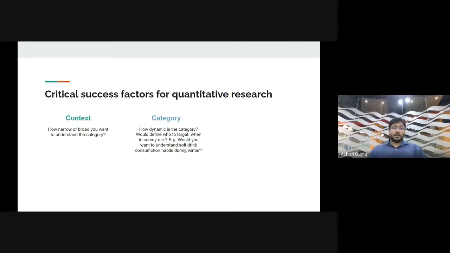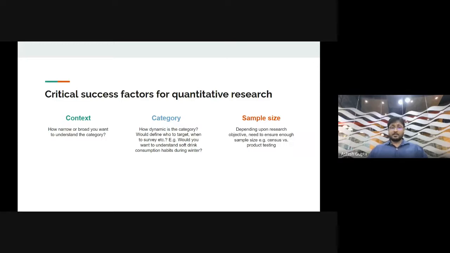And this would definitely define who you want to target or when you want to survey. Now, take for example, you want to understand something with respect to soft drinks as a category. Would you actually want to do a survey during the winter time? Obviously not. So you need to really have an understanding of the category, of the market, to be able to very firmly take a decision on how to go about doing that specific market research.